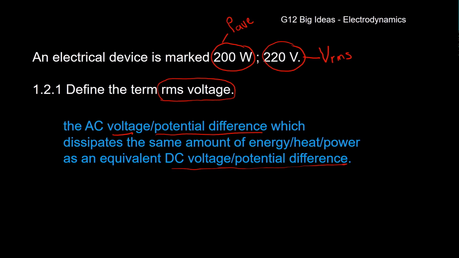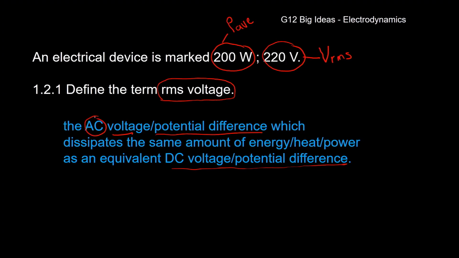They're saying that the AC potential difference is the same amount of energy that is dissipated as an equivalent amount of potential difference that's DC, direct current. Okay, so these are the words: AC, alternating current, and DC, direct current. Something you just have to learn.